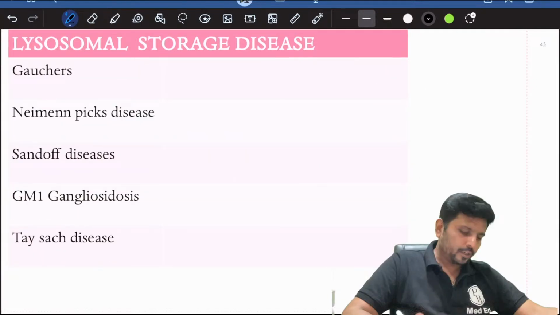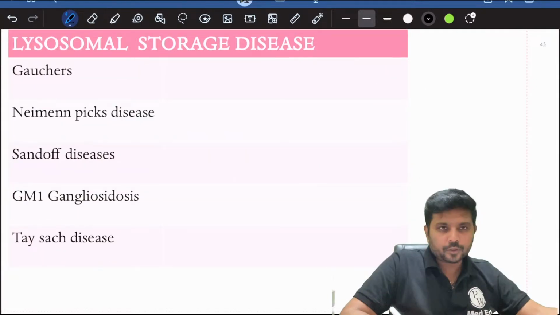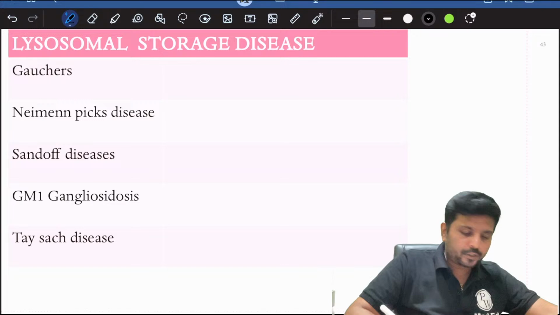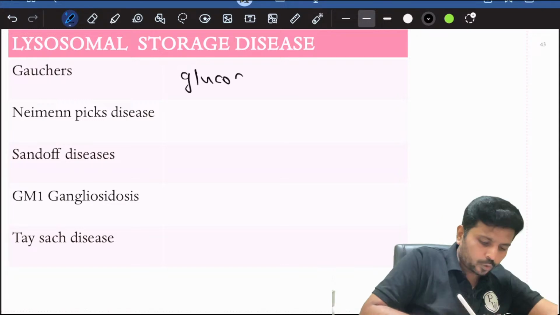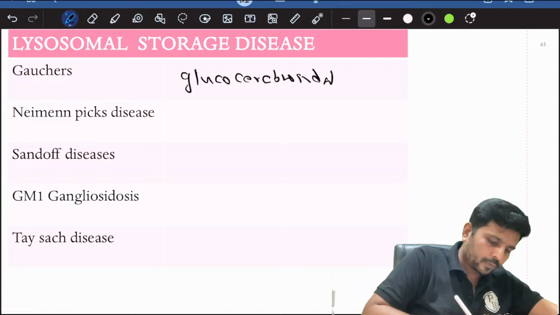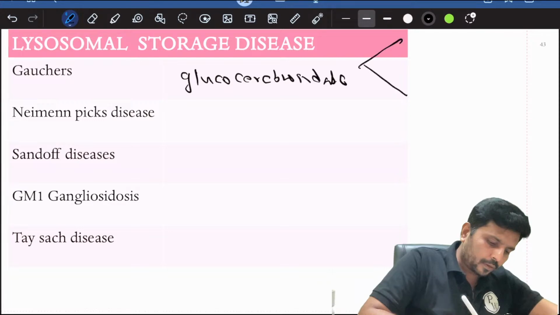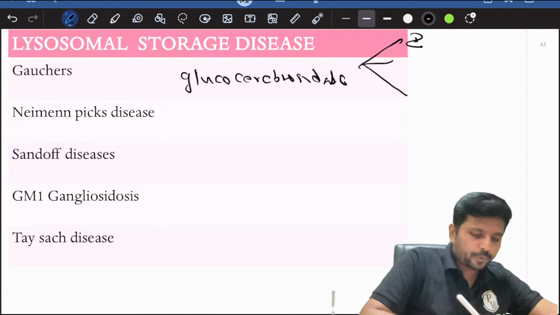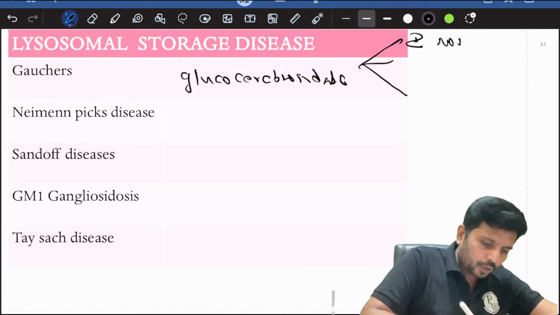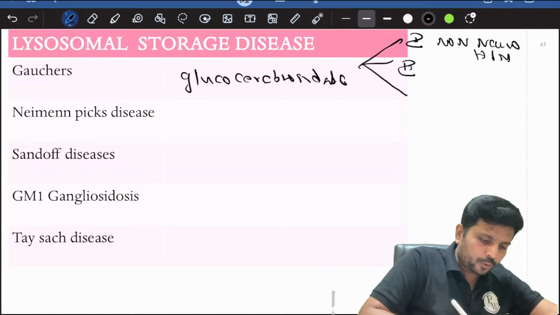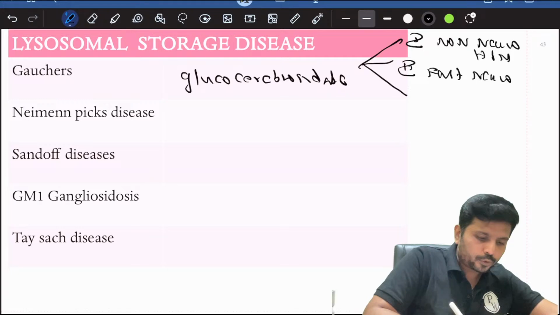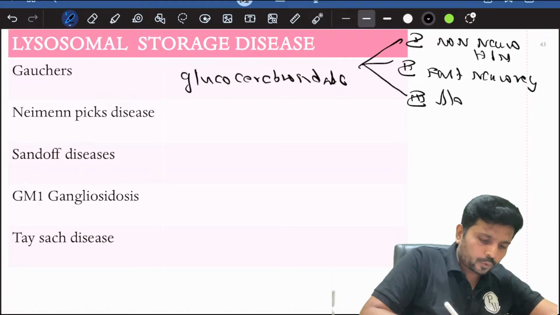Now lysosomal storage disorders. Gaucher's disease is due to deficiency of glucocerebrosidase. Type 1 is non-neuropathic and manifests only with hepatosplenomegaly. Type 2 has fast neuroregression. Type 3 has slow neuroregression.